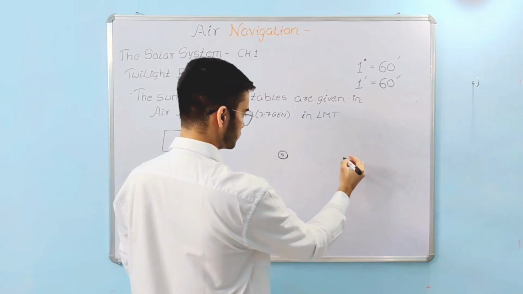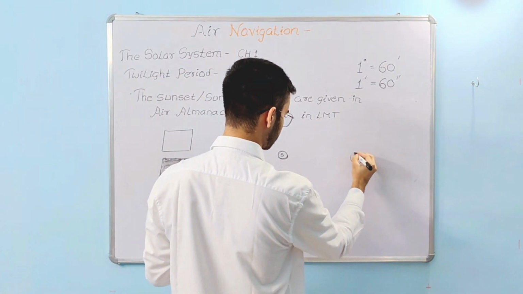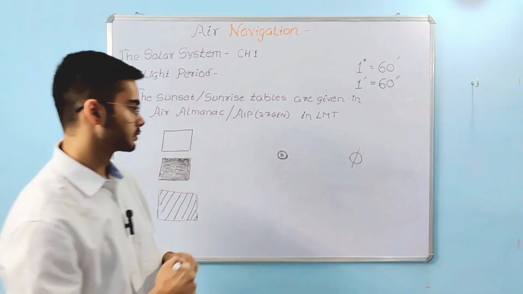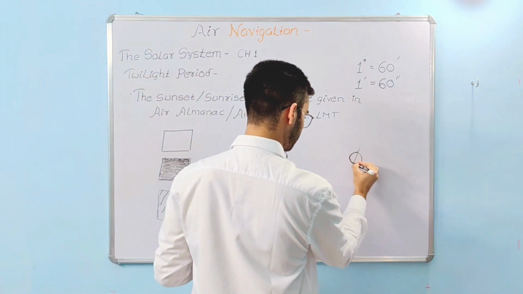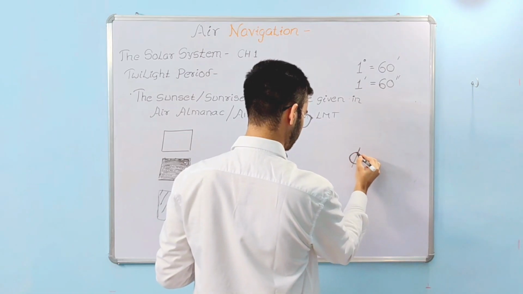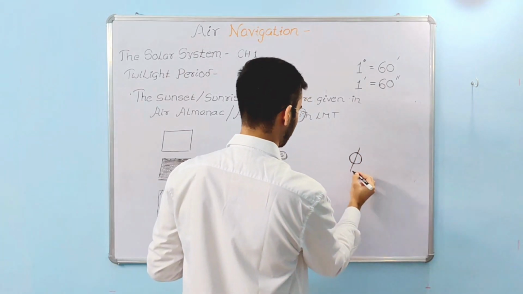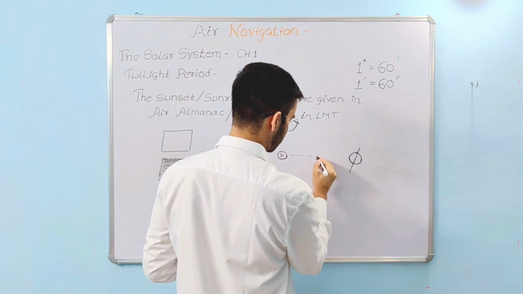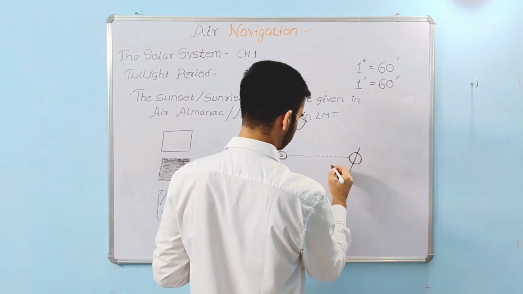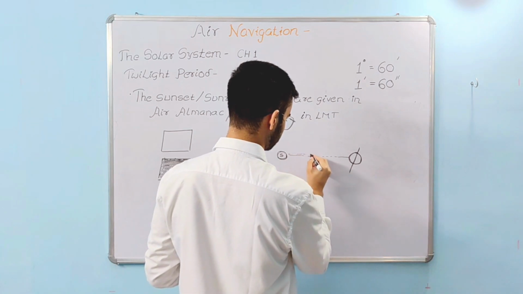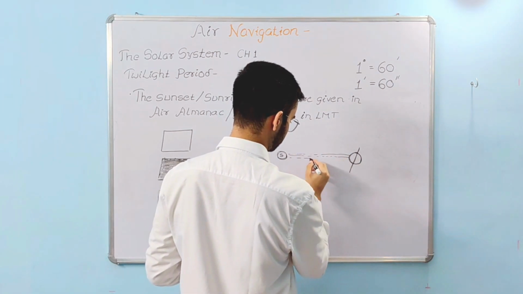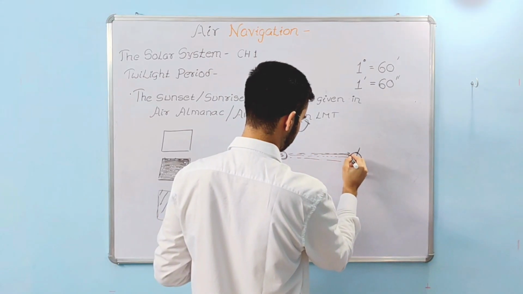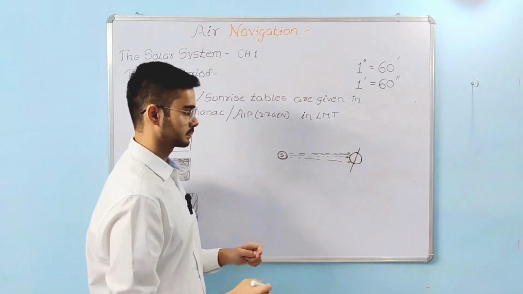Sun, we have our Earth, and because of this tilt, let's say the sun's rays are going like this. Like this.